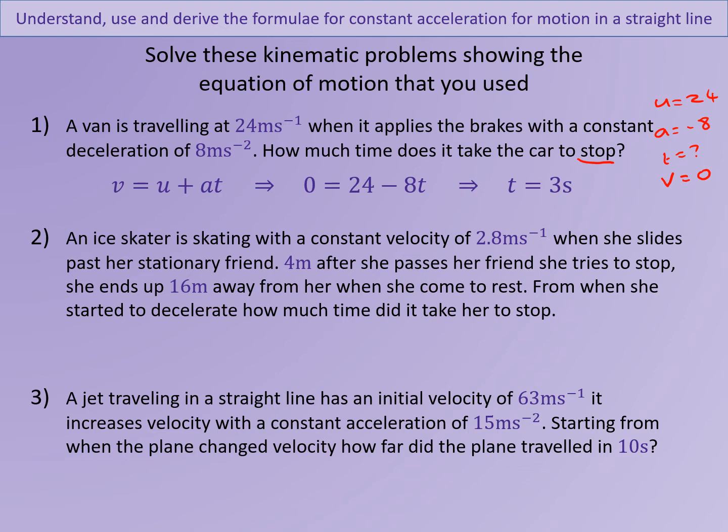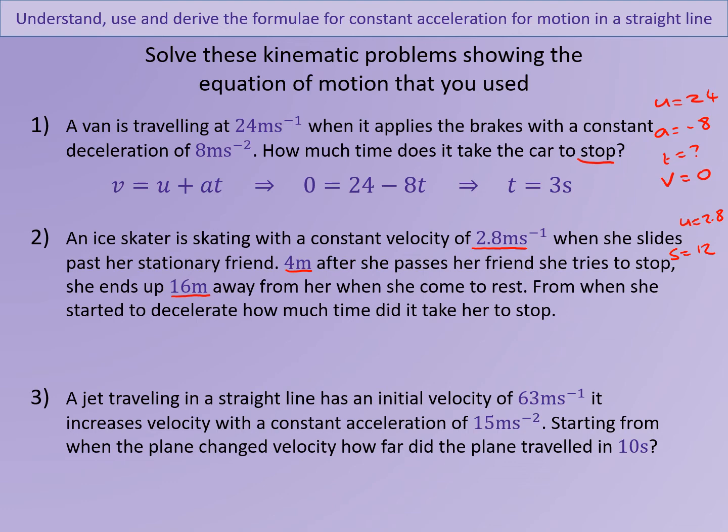In the second question, we have an ice skater travelling with an initial constant velocity of 2.8 meters per second. Now she starts to decelerate when she is 4 meters past her friend and finally stops when she is 16 meters past her friend. So in this time, she actually travels 12 meters, so S will be 12.